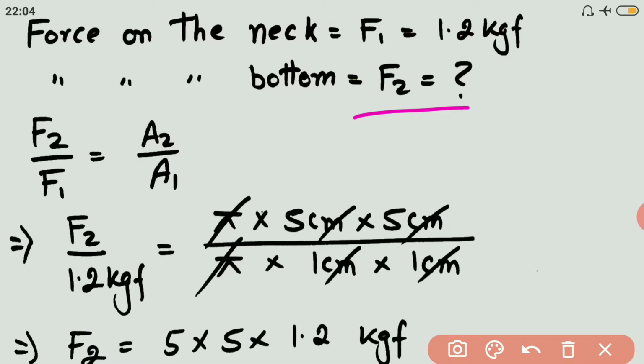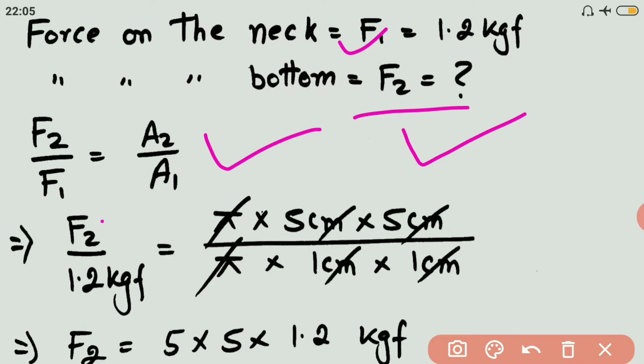Now why did I take this as F2 and this as F1? Because F1 is the smaller force, if you remember, and I've taken the area of the neck as A1 because A1 is the smaller area. Now using the expression for the principle of hydraulic machines, F2 upon F1 should be equal to A2 upon A1, and then replacing the values.